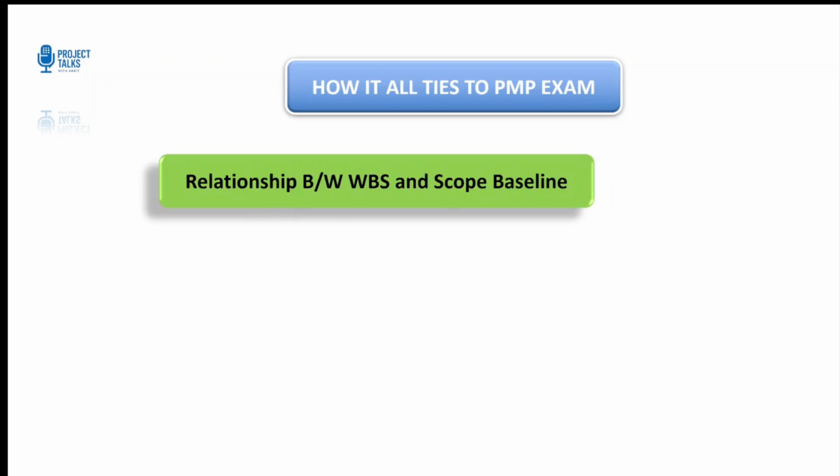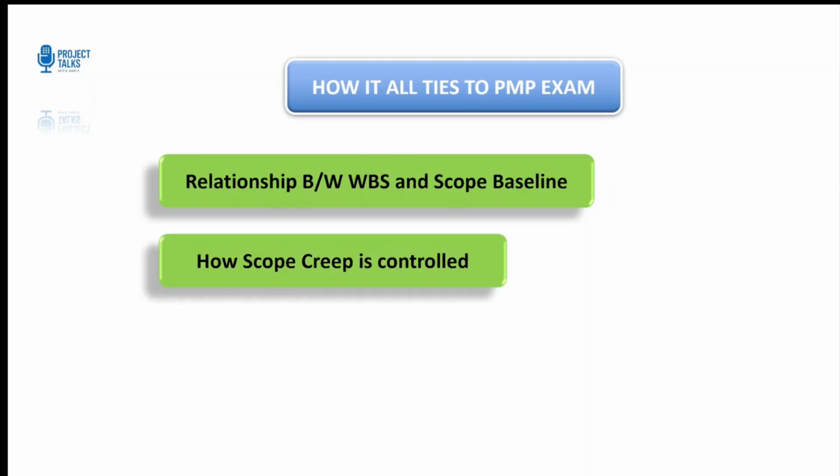First, understand the relationship between WBS and scope baseline. The WBS, along with the scope statement and WBS dictionary, is your scope baseline. PMP loves testing how these pieces fit together. Second, know how scope creep is controlled.